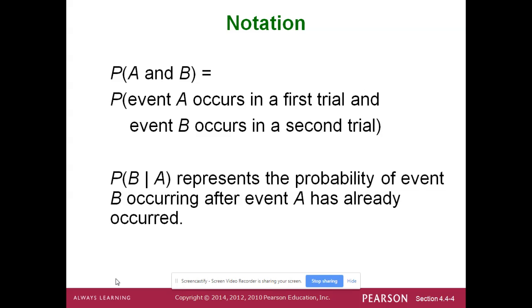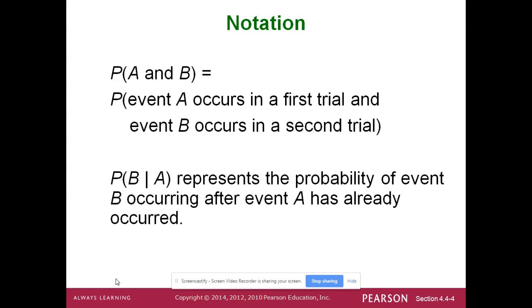All right, probability notation there. A and B, event A occurs in the first trial, event B occurs in the second trial. This notation here, that's B given A. Okay, that's what that stands for. It represents the probability of event B occurring after A has already occurred.